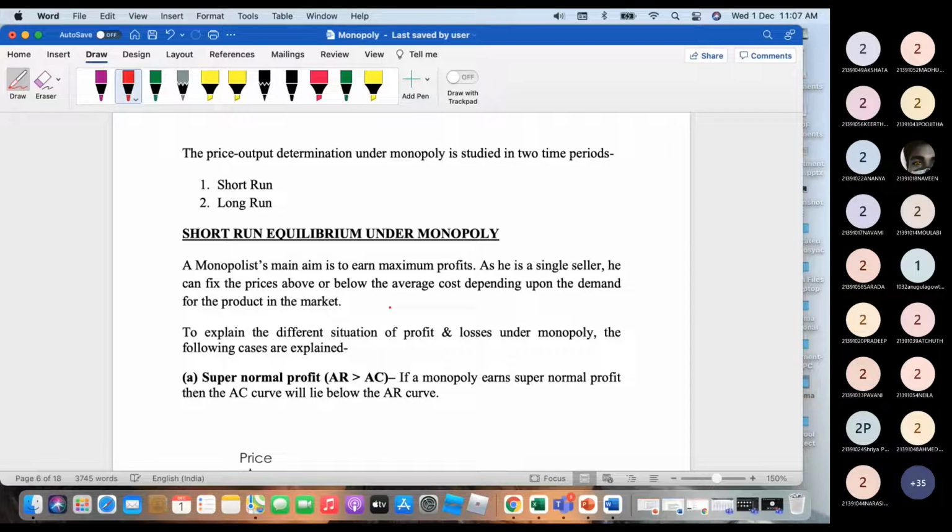You will ask me, ma'am, he is a single seller. Why will he earn losses or why will he earn only normal profits? This is so because, students, the earning of profits or losses all depends on the demand.